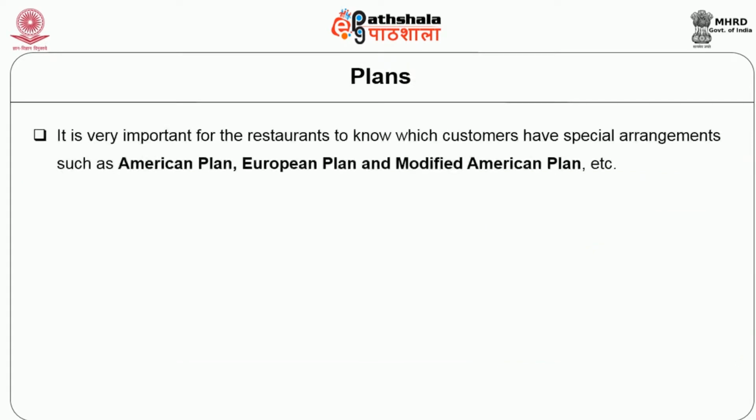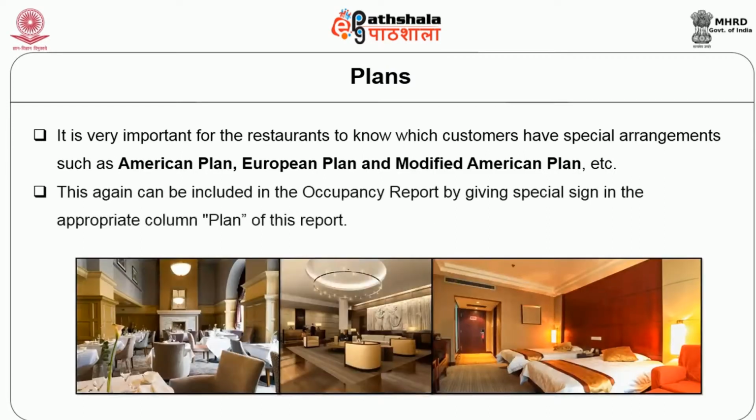It is very important for the restaurants to know which customers have special arrangements such as American plan, European plan and modified American plan, etc., which they are going to follow. This again can be included in the occupancy report itself by giving a special sign in the appropriate column.